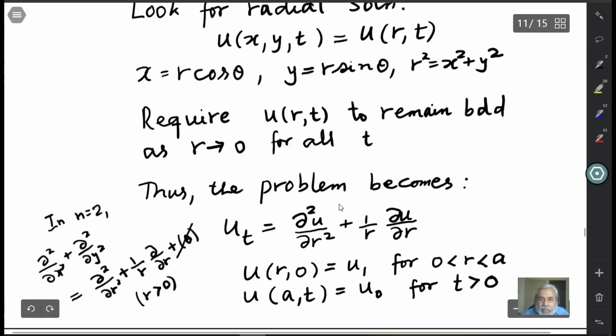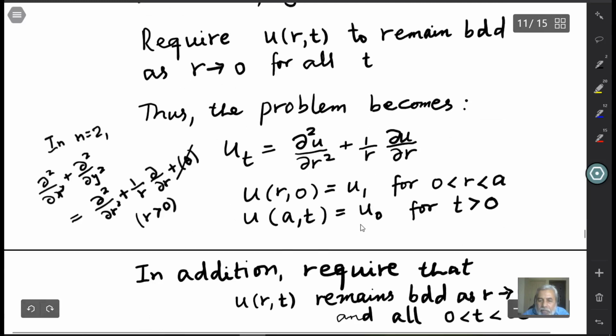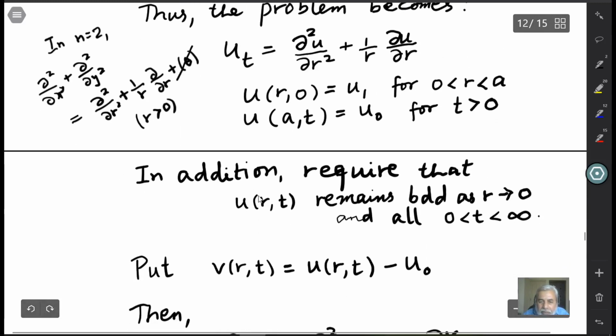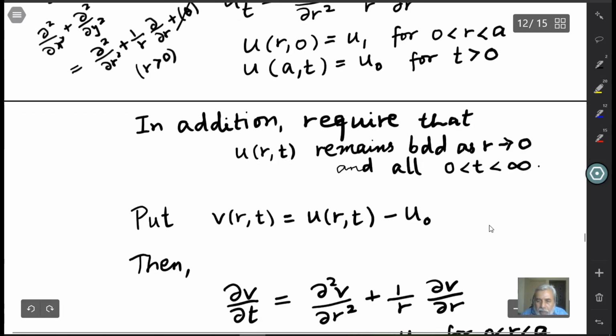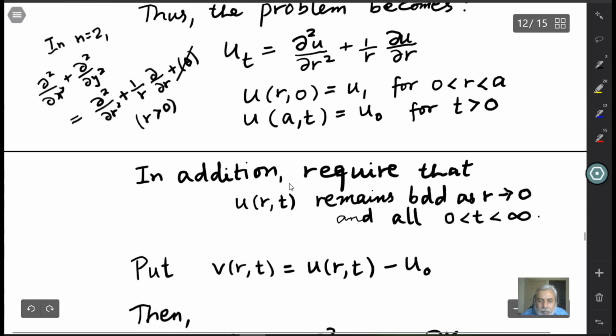The boundary condition, that on the circumference of the circle u is u0 for all t positive, becomes u(a,t) equal to u0. So we require the solution to remain bounded as r tends to 0 and for all t from 0 to infinity.